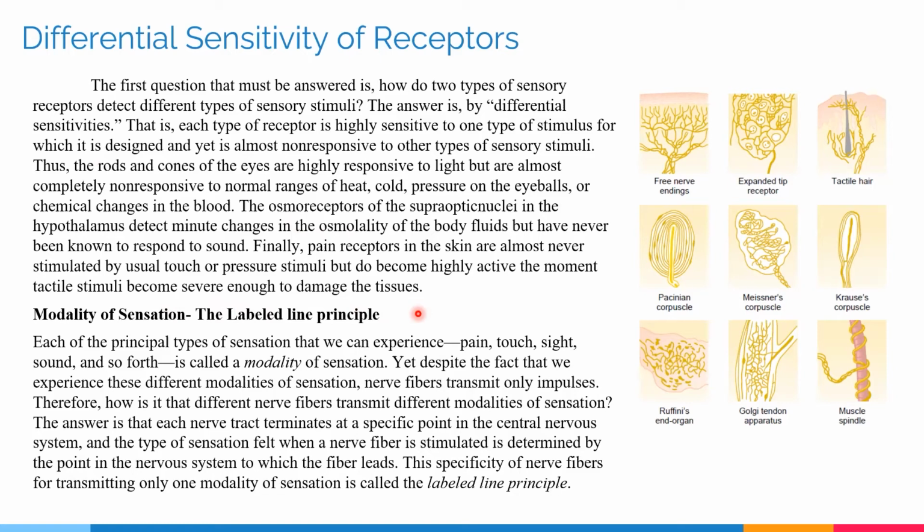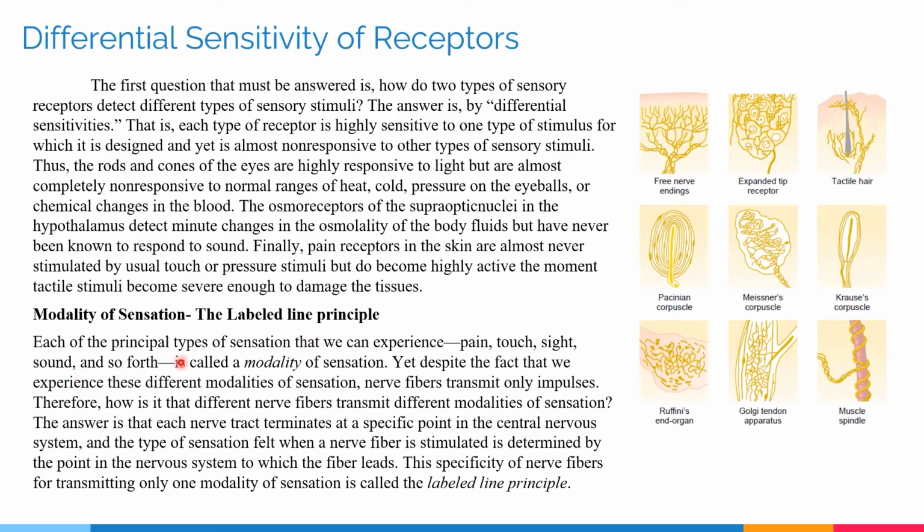How does the central nervous system understand that this action potential is fundamentally different from an action potential generated by neurons present in our ear, which respond to the auditory signal or sound? This is a concept which is known as the labeled line principle.